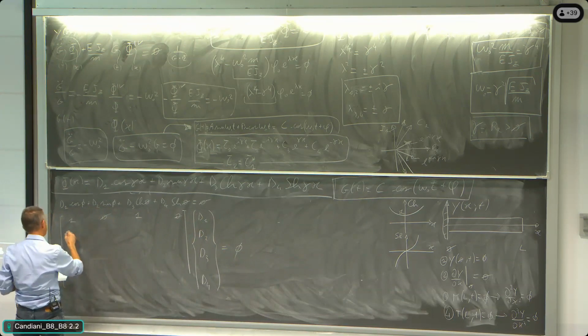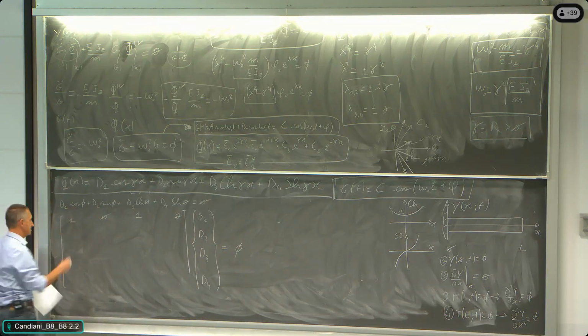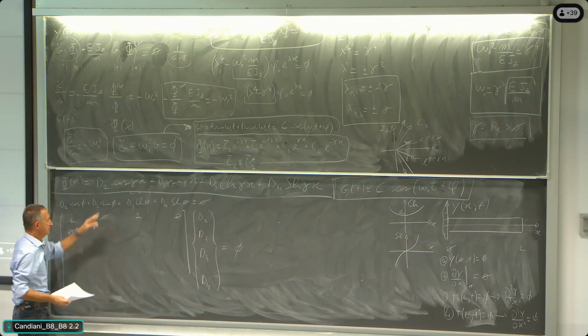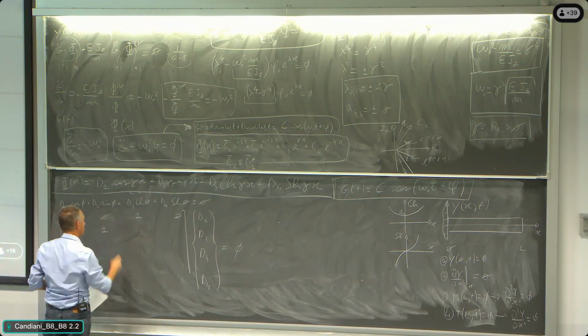And then the first derivative, we do it by memory. In the first derivative, cosinus becomes minus sinus. Sinus calculated at 0 is 0. Sinus becomes cosinus, calculated at 0 is 1.